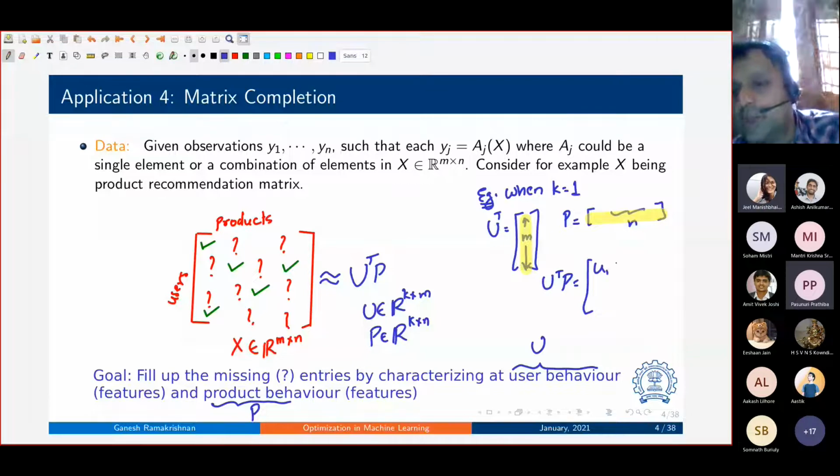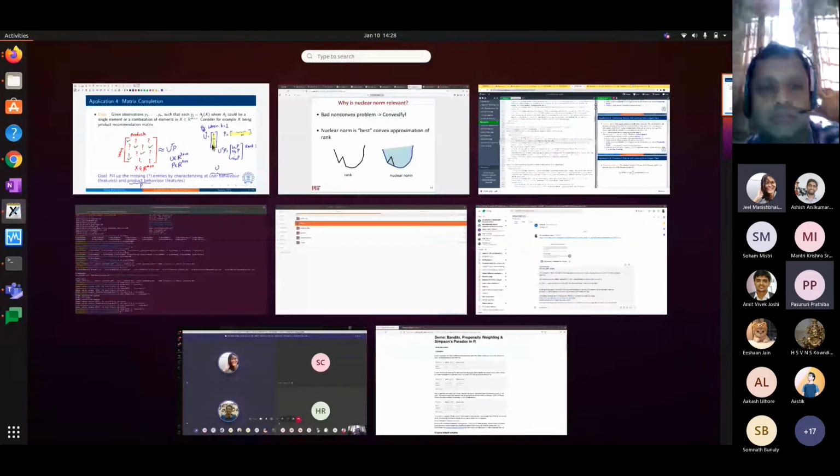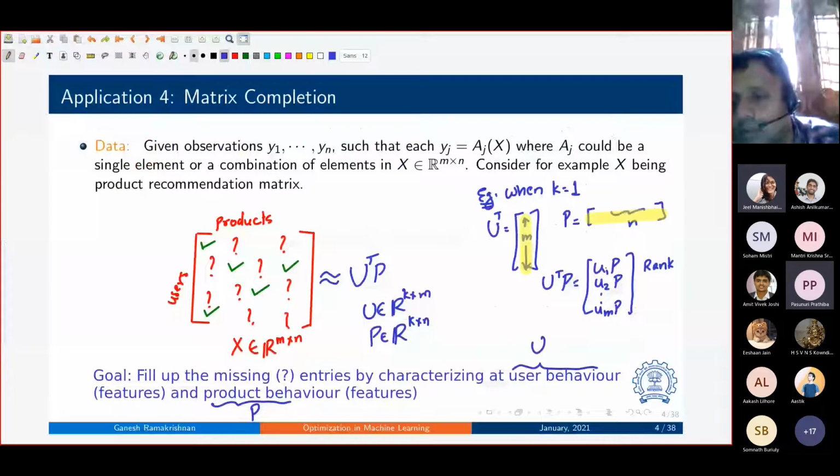You'll have U1 times P, U2 as a scalar times P, and UM times P. So a rank one matrix. Is this clear?